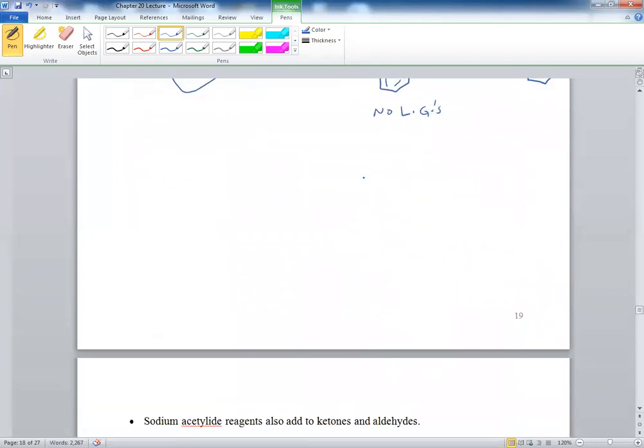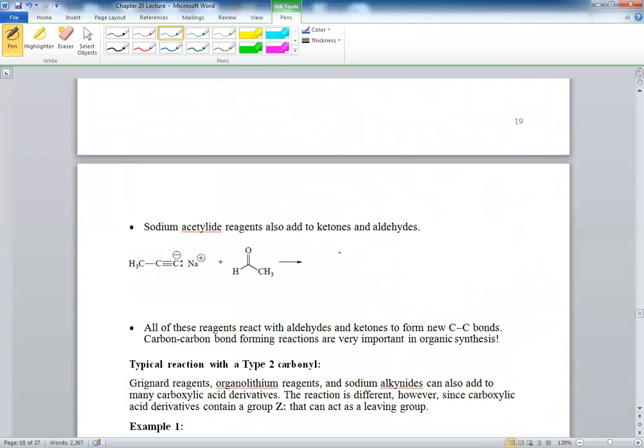Very well. Now, sodium acetylide reagents can also add to ketones and aldehydes. There's no new discussion here, although this is not an organometallic in the sense of the ones we learned, organomagnesium, lithium, or copper, but nevertheless, they still react the same way.